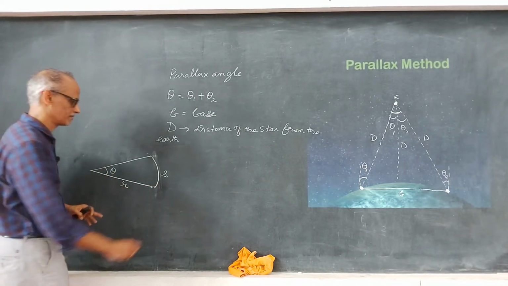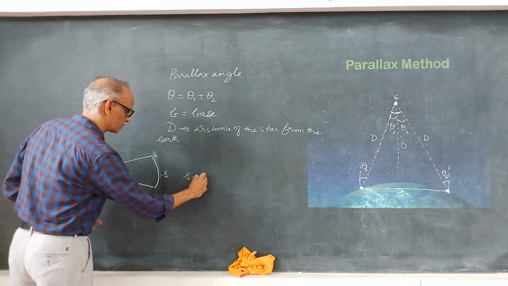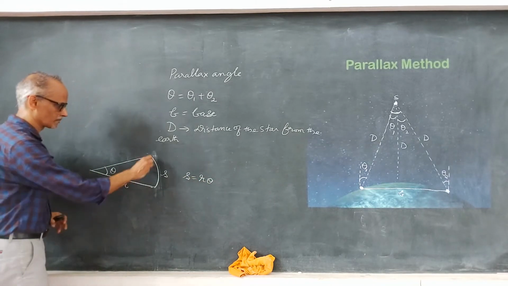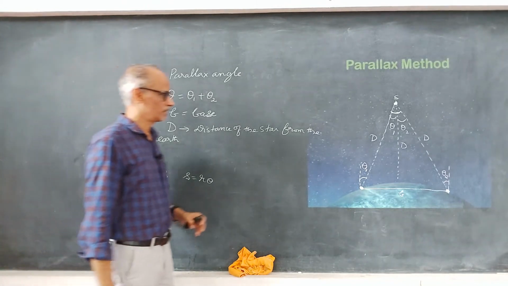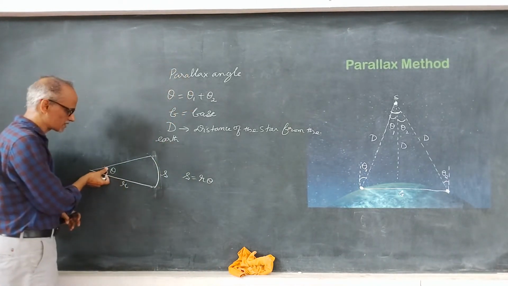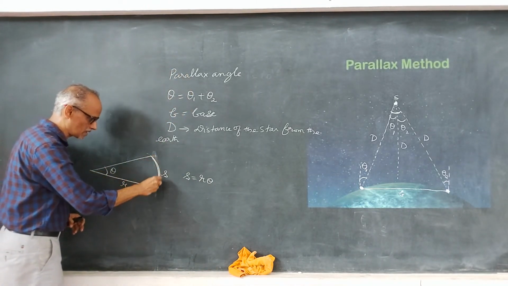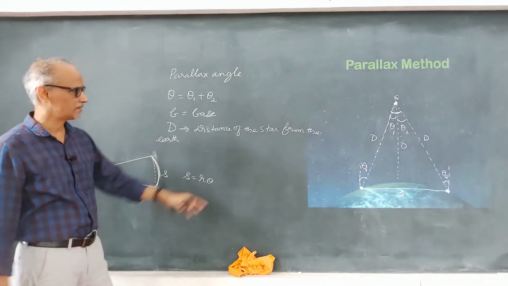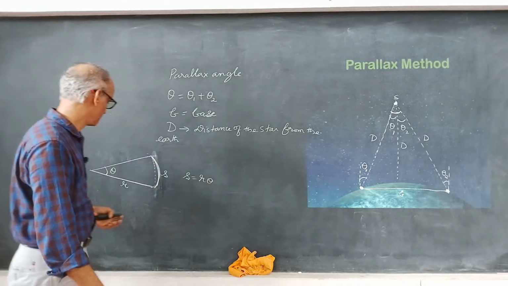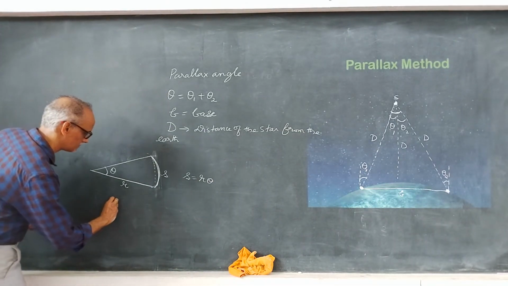The relation is S is equal to R into theta. Therefore, when theta is very small, this arc becomes almost a straight line. That is only when theta is very small. And we have a similar situation here. Check this diagram.